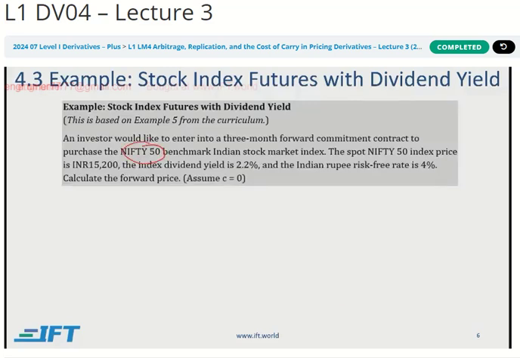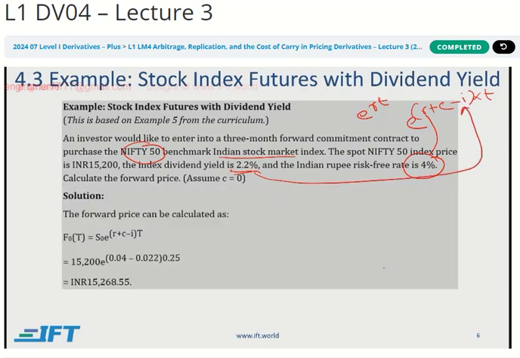So this is the Indian stock market index, and since it's an index, we're going to be using the formula where we have e to the power rt, but because there is a benefit, a dividend yield, as you remember, we will do r plus any cost and minus any income, and then this whole thing is multiplied by t. So the risk-free rate, r, is 4%, and this 2.2 is the dividend yield, which will become the income.